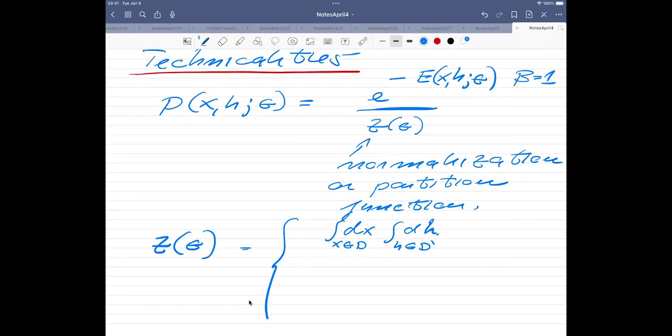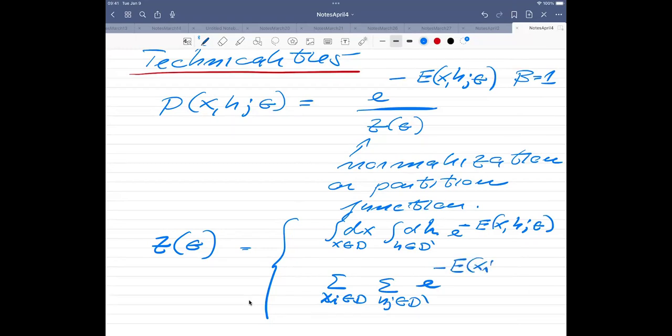Then we have an e to the minus E of x, h, theta. Alternatively, if these are discrete variables, which we normally end up doing, this is a sum over x_i in a specific domain, a sum over h_j defined within a specific domain, and then we have an e to the minus E of x_i, h_j as a function of the parameters theta.